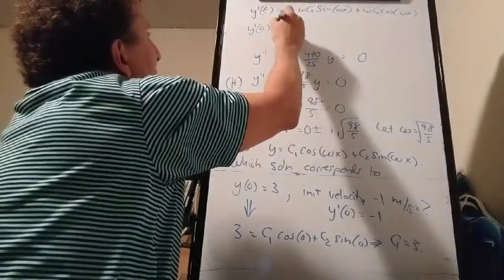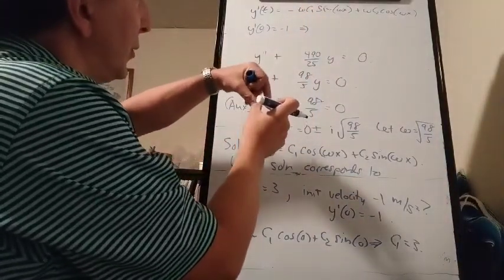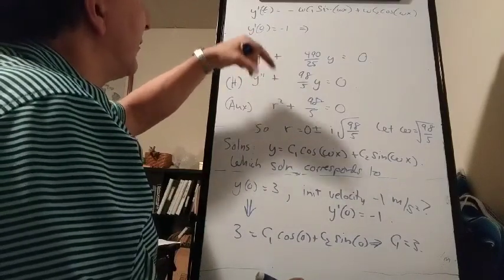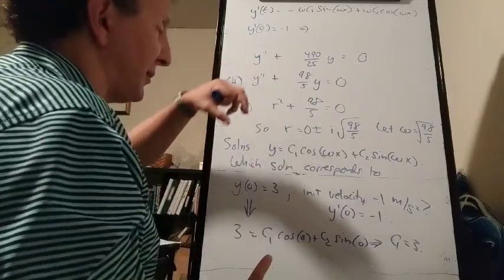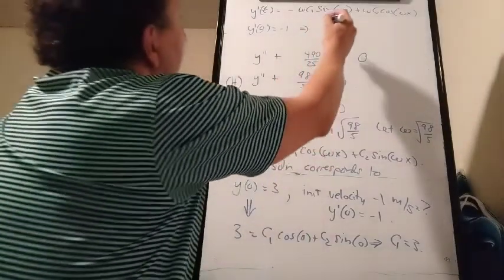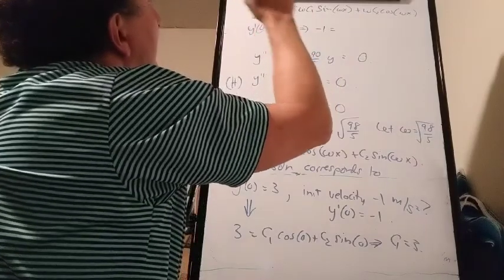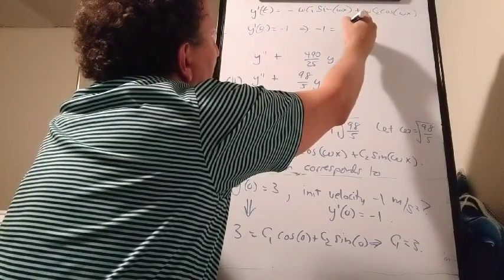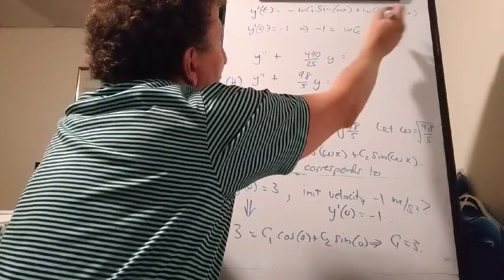y prime of 0 equals negative 1. So that would be a push upward, because distance 1 is stretching 1 past the equilibrium. Velocity of negative 1 is velocity in the opposite direction, which would be up. So y prime of 0 equals negative 1 means that negative 1 equals, let's see, sine of 0 is 0, omega c2 cosine of 0 is 1.